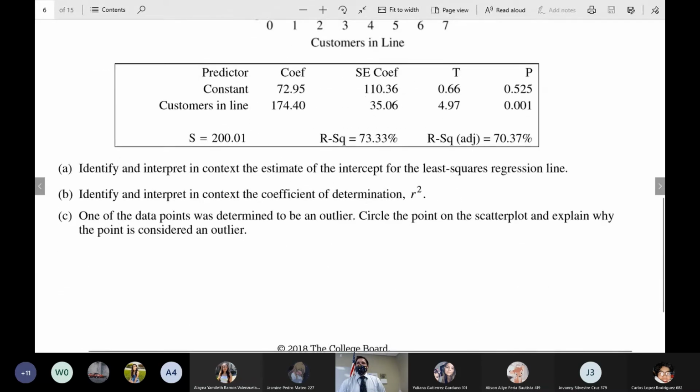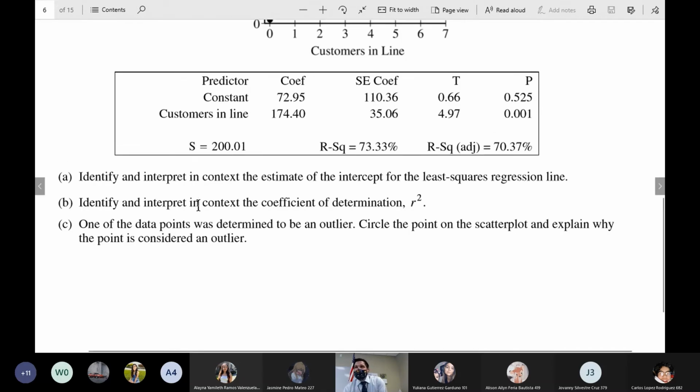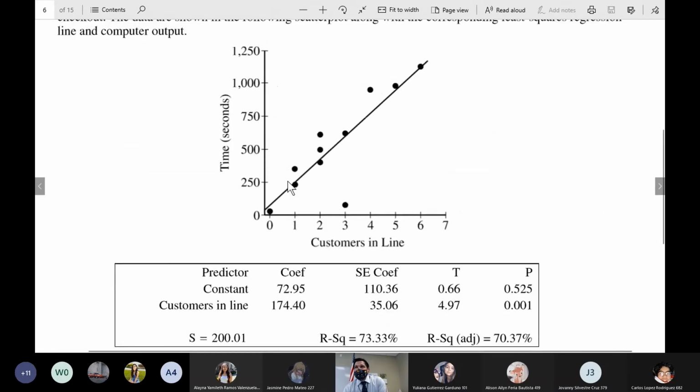All right, part C. One of the data points was determined to be an outlier. Circle the point on the scatter plot and explain why the point is considered an outlier. So if we go up here, most of our points are pretty close to the line, and then there's this guy. That point where x equals 3, and it's almost at 0.